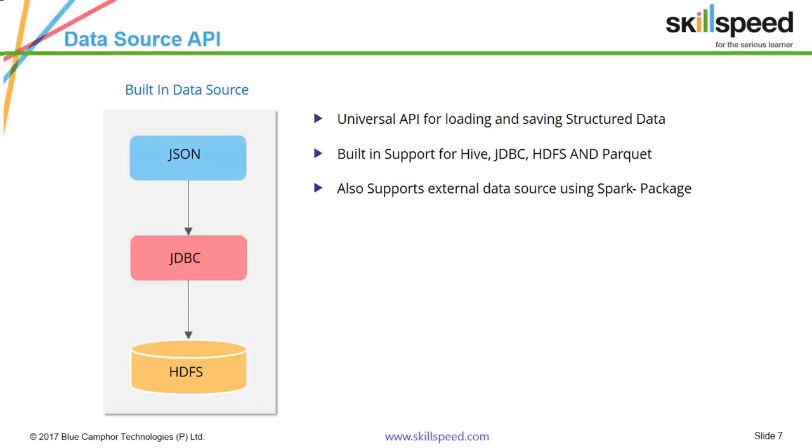It even supports external data sources using Spark package, and you can even have a third-party integration. So especially when you are working with certain types of file formats, even for CSV files, you can include a Databricks library, and using the Databricks library or package, it can specifically read most of the CSV types.